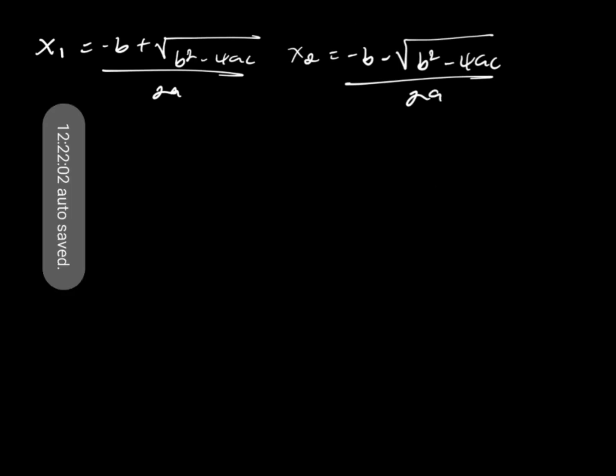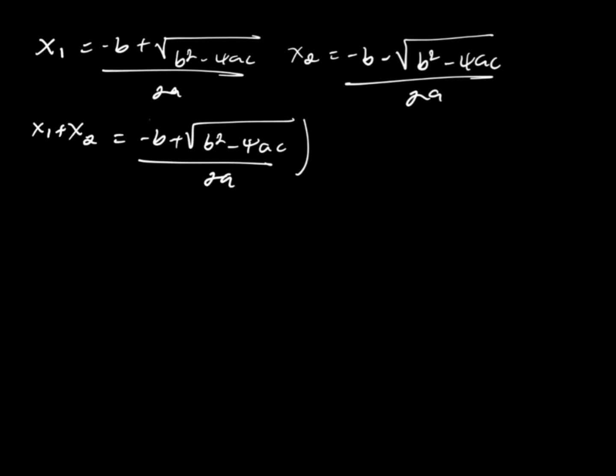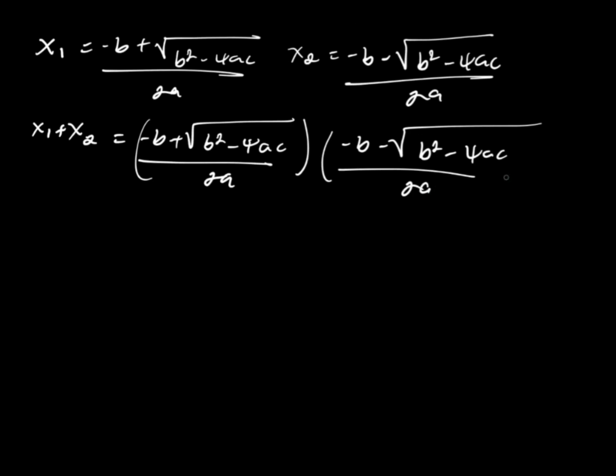Therefore the sum of these roots, x1 plus x2, would be equal to negative b plus root of b squared minus 4ac divided by 2a, plus negative b minus root of b squared minus 4ac divided by 2a.